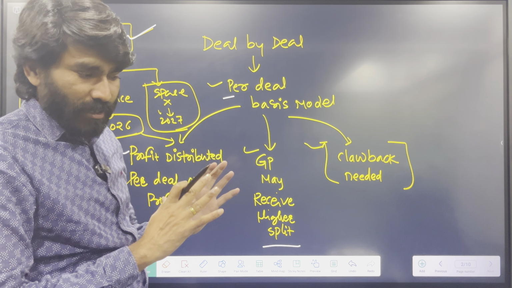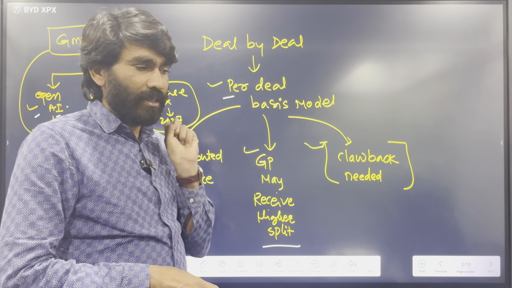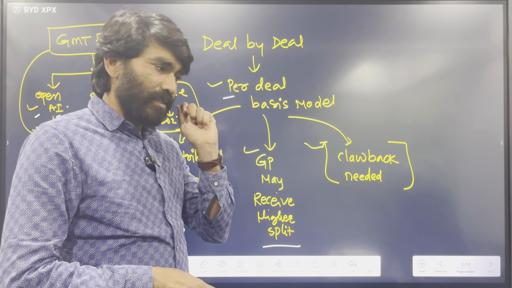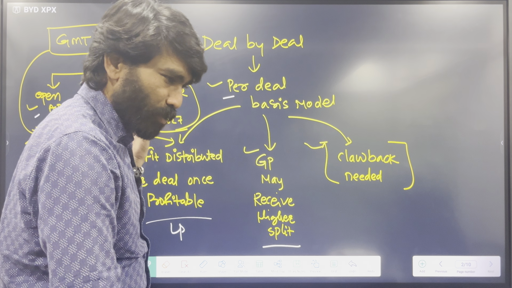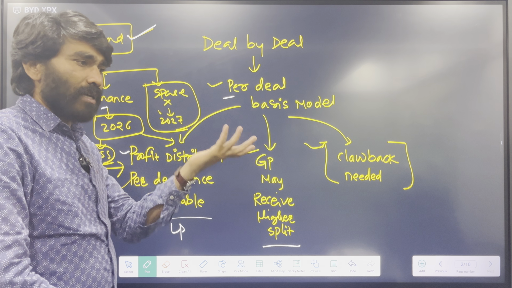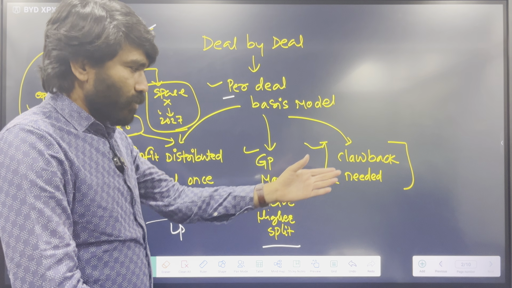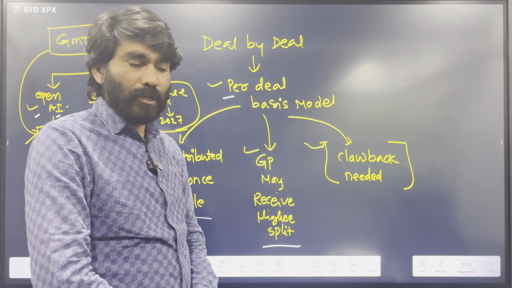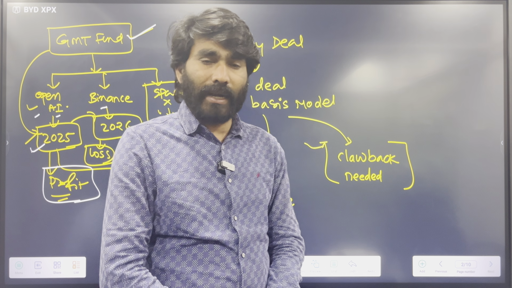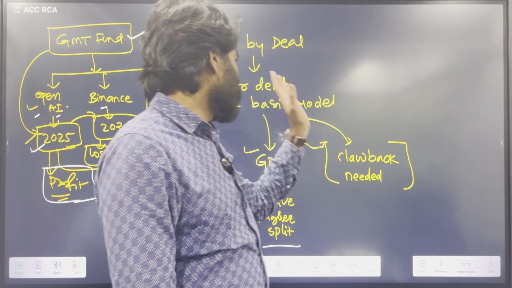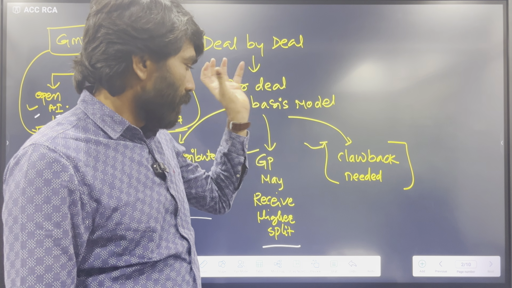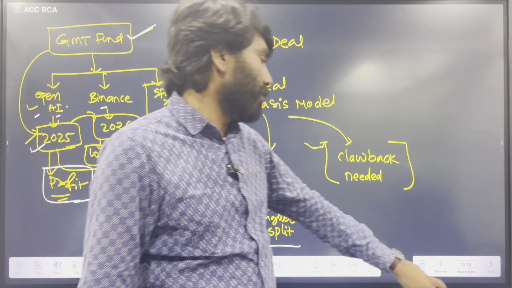Clawback is a provision to hold back the profit received by the general partners from the profitable deals, because if something happens with the next deal, that profit can be reversed back to the private equity fund. That's why clawback is needed. That process we call the deal by deal model.